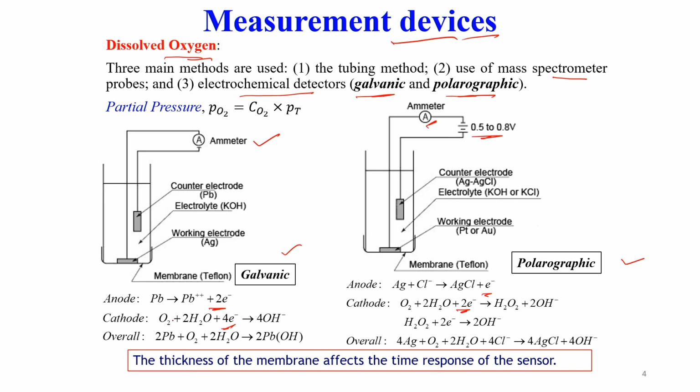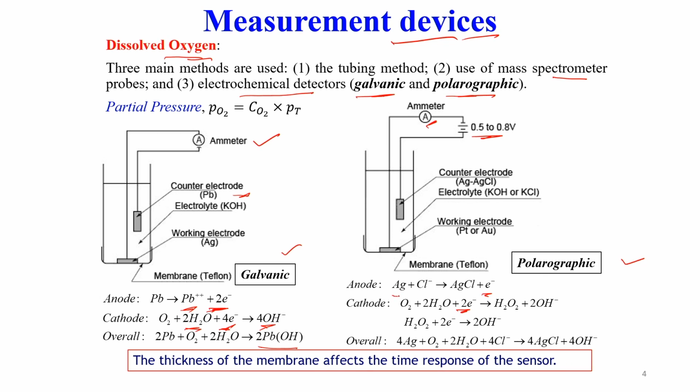The overall reaction I have mentioned here. Let us say at the anode Pb is converted to Pb2+ and 2 electrons, and at the cathode oxygen, water and 4 electrons combine to form 4 OH-. Overall there will be 2 Pb plus oxygen plus 2 H2O giving 2 Pb(OH)2.